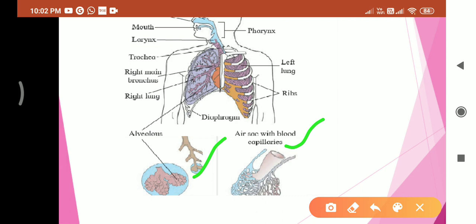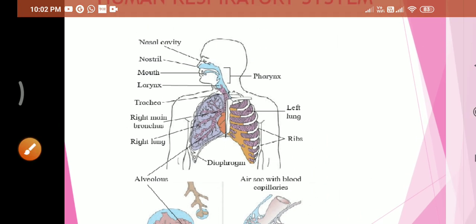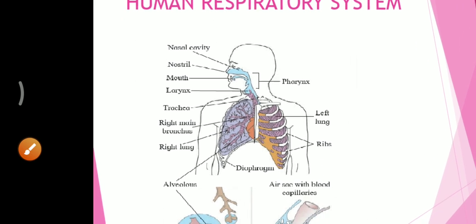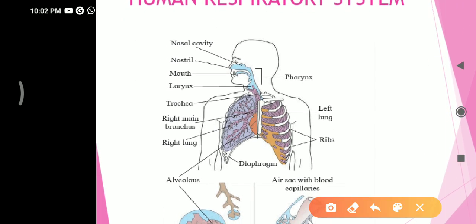So the passage of the gases starts with the nasal chamber or nostril, then the nasal cavity. The nasal cavity opens into the pharynx.